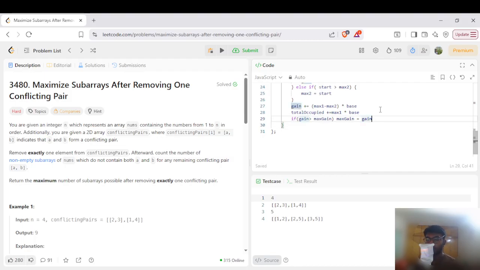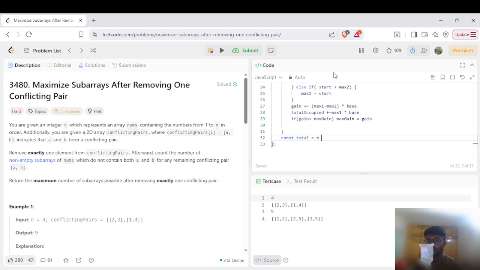And once we have this, we can come up with the formula total minus total occupied plus gain, which will be the maximum subarrays after removing one conflicting pair for this problem.